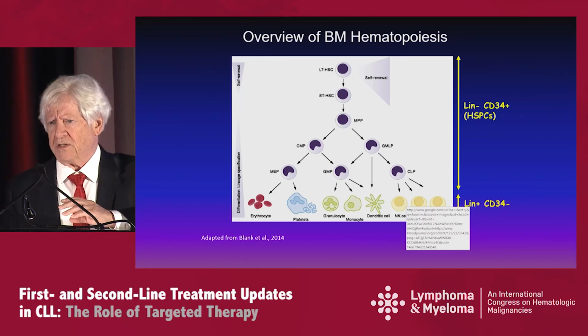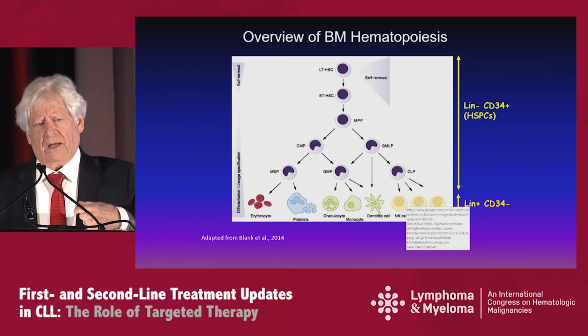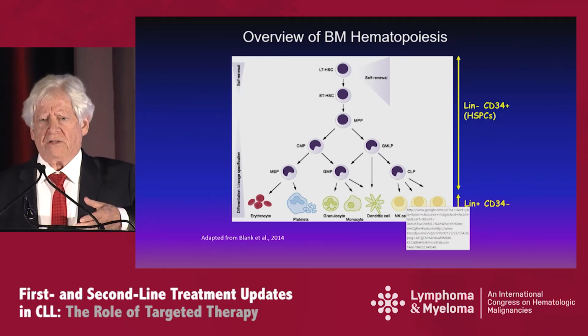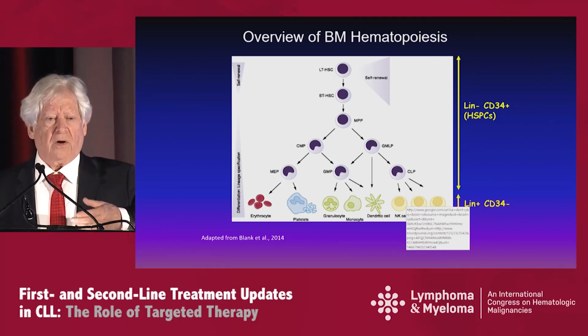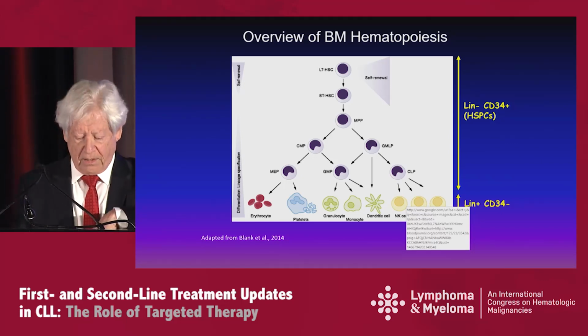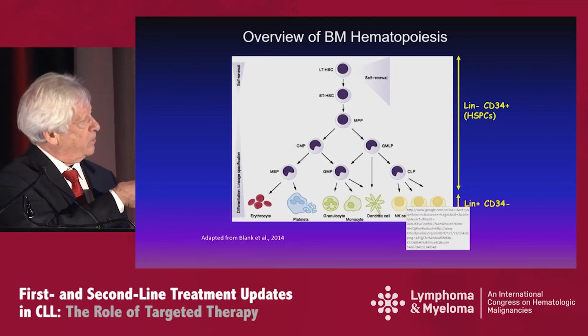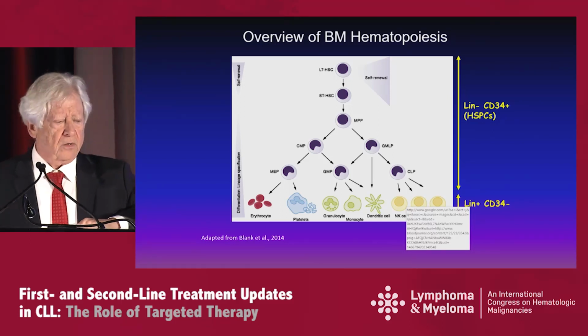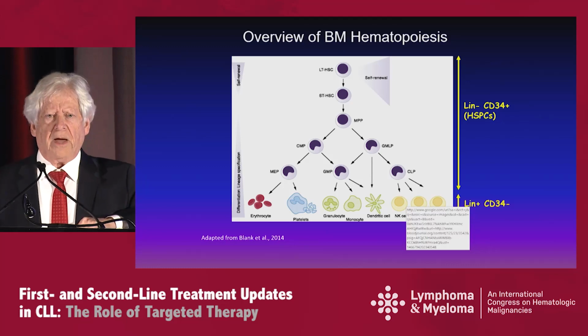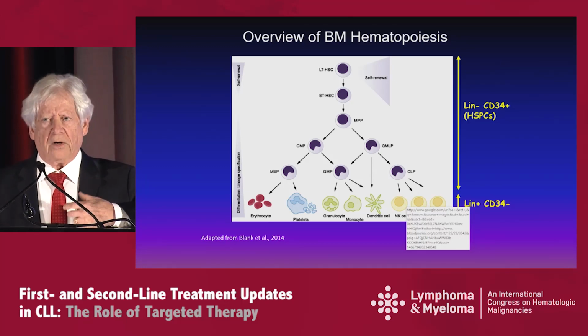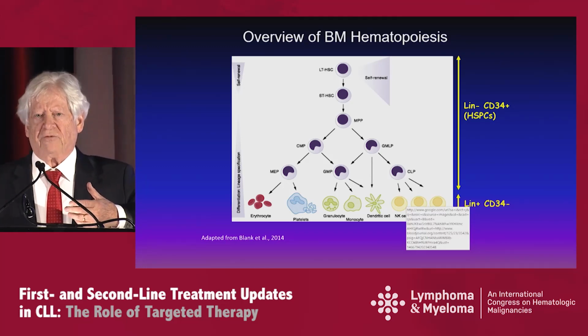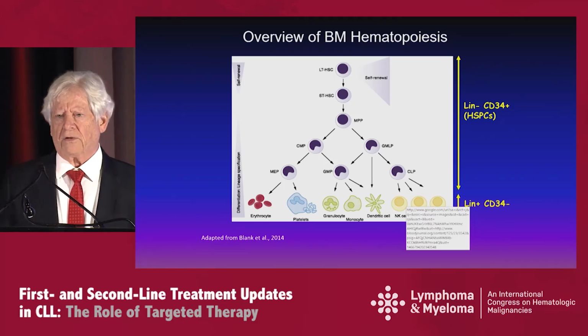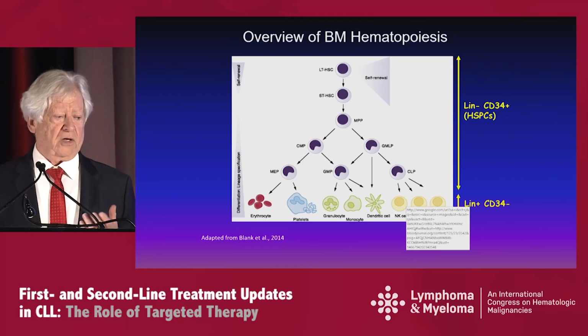Differentiation of hematopoiesis is basically passing on to multipotent progenitors the ability to ultimately derive even more mature progeny, shown here, that result in an effective bone marrow. So the long-term hematopoietic stem cell repopulates the bone marrow. It's the only one capable of self-renewal with appropriate cellular and microenvironmental cues.